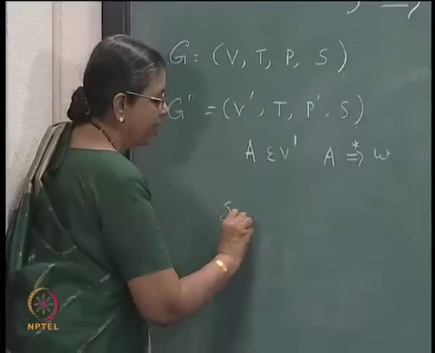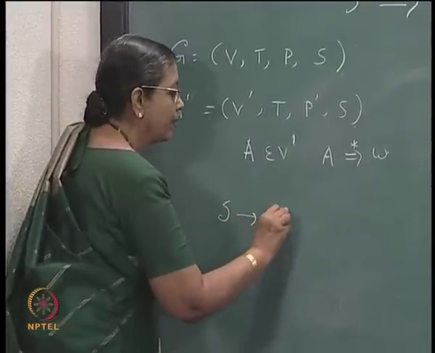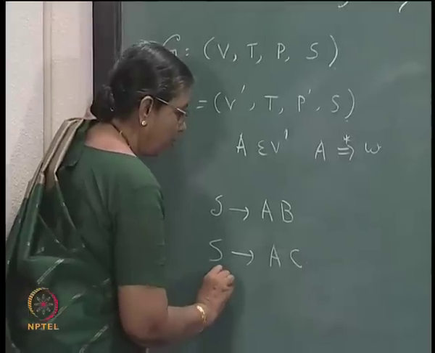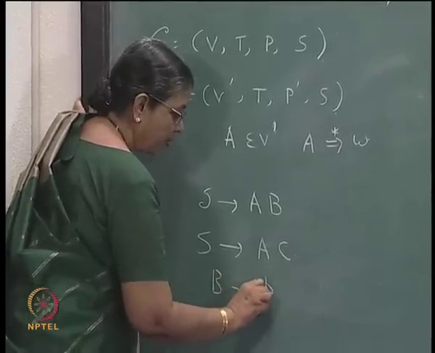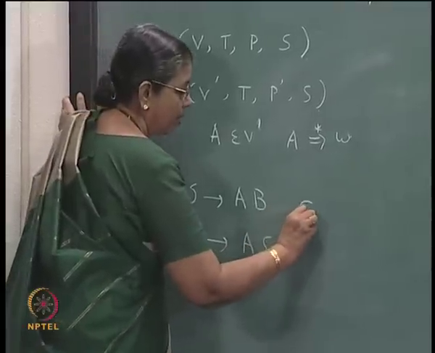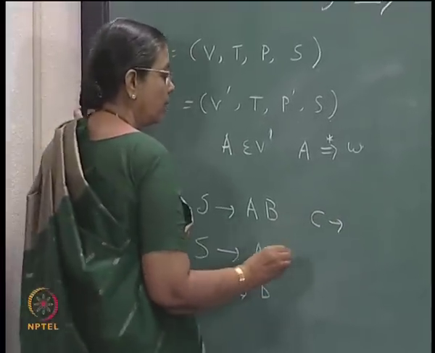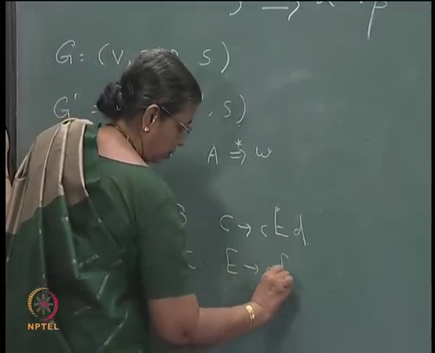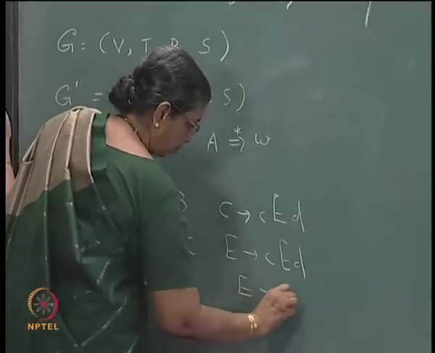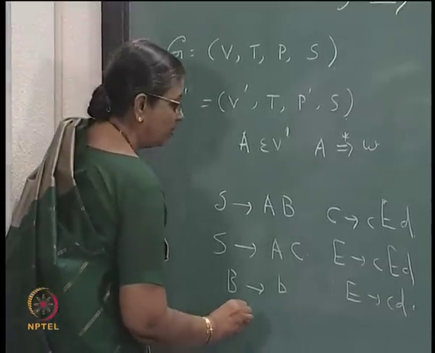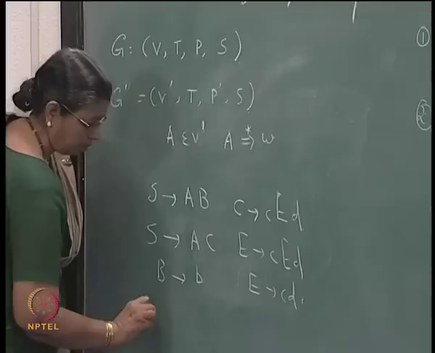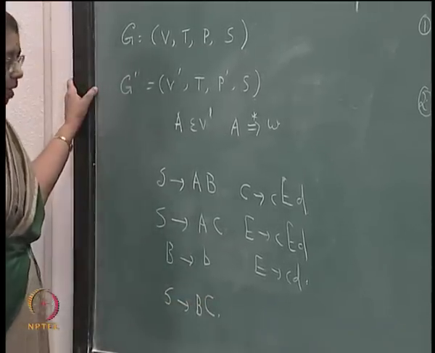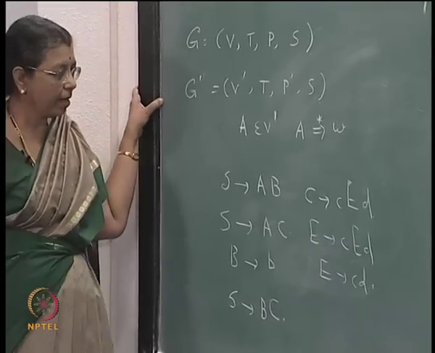So, start with this, I will just write down the rules alone. Start with something like this, S goes to A B, S goes to A C, B goes to B, C goes to C. Some grammar is there like this, which has got non-terminals.